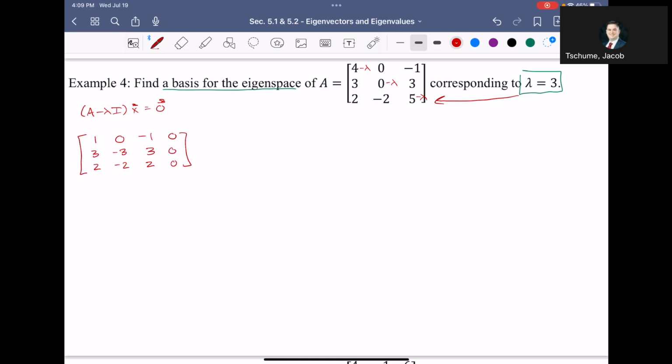All right. So we need to put this into reduced echelon form in order to solve for the eigenspace. First thing I notice is that row 2 and row 3 are multiples of each other, because the second row has a bunch of 3s, the third row has a bunch of 2s, and they have the same signs. Since all of those match, I know they have to be multiples of each other.